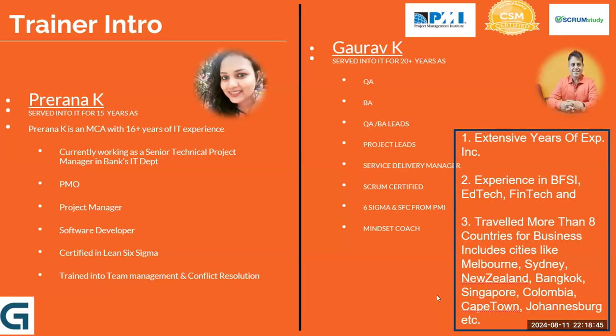The number is 8,000 people trained on various subjects so far. I am an internationally certified trainer, coach and keynote speaker. So this is my introduction, and there are so many hats.